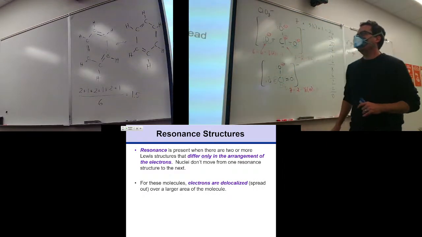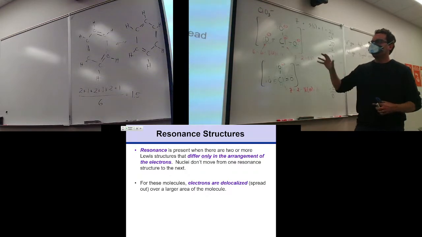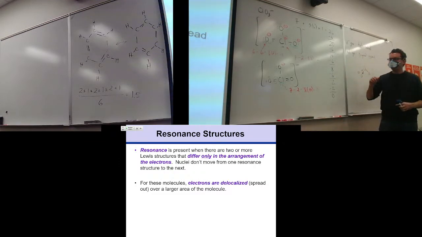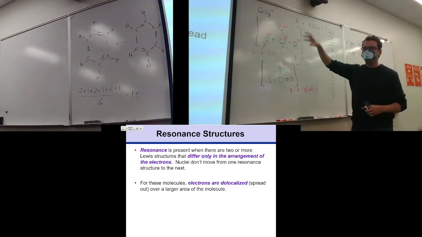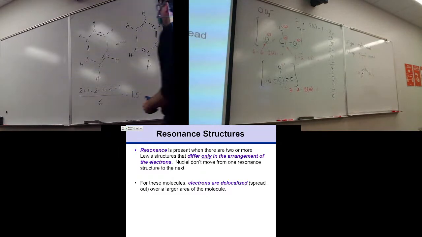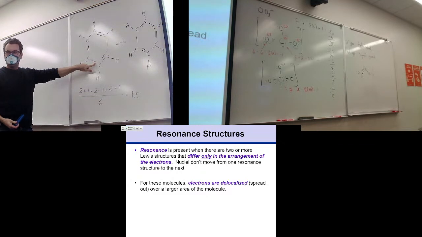So we say that, as far as the electrons that we can move around, these electrons are delocalized, meaning that we can't tie them down to a specific bond. They're moving around the molecule itself. So the single bond part, like this bond here, that's local.